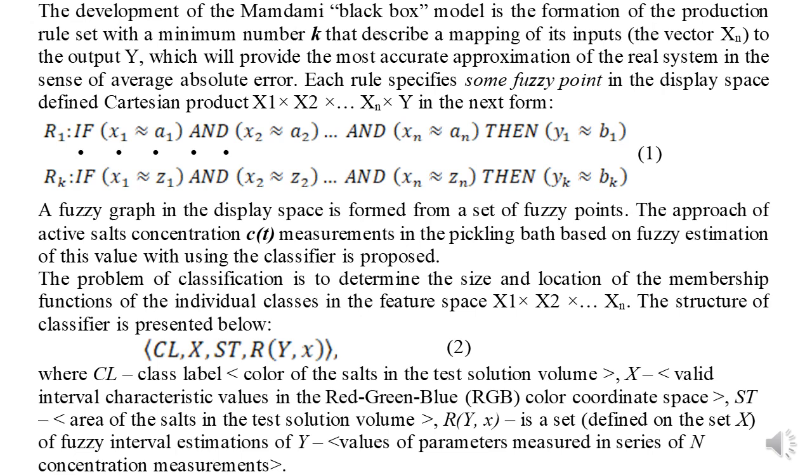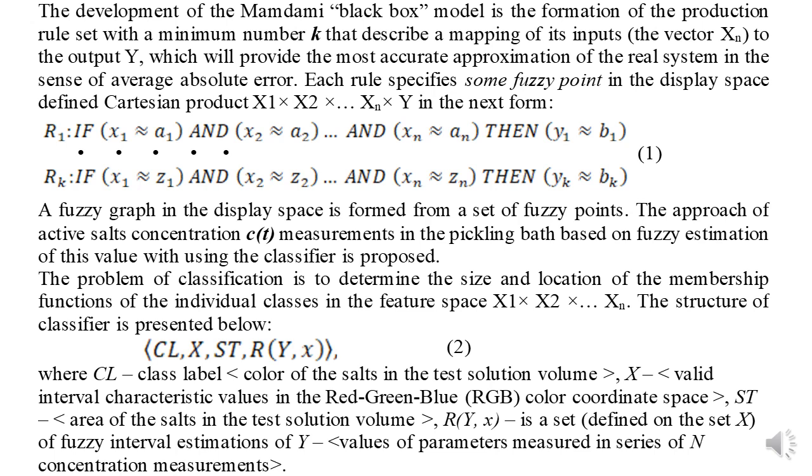Each rule specifies some fuzzy point in the display space defined by the Cartesian product x1 to x2, etc. to xn and to y in the next form, described in Equation 1. A fuzzy graph in the display space is formed from a set of fuzzy points.